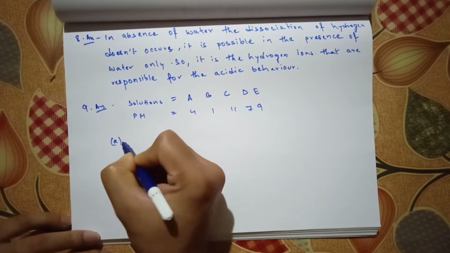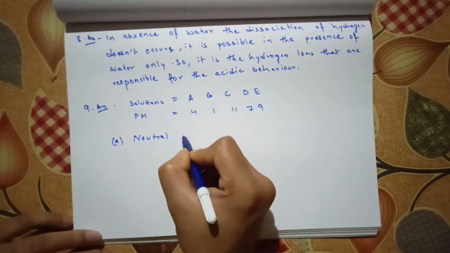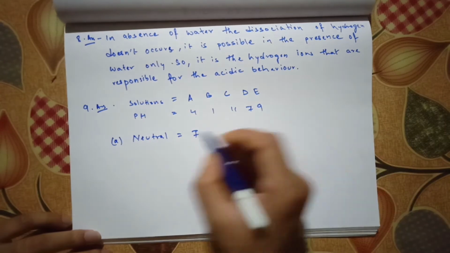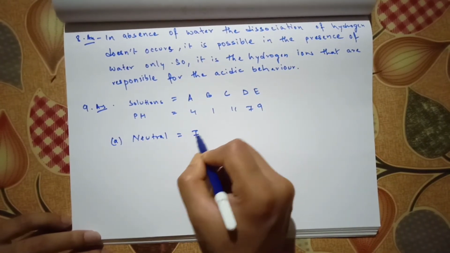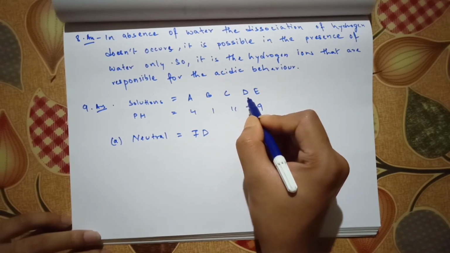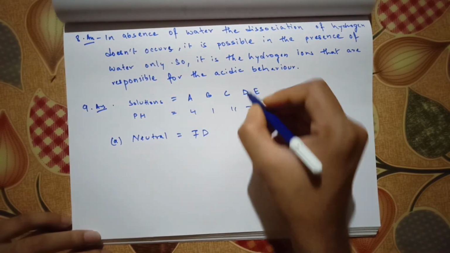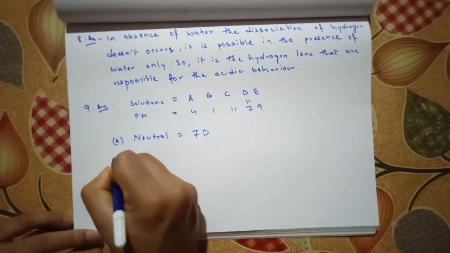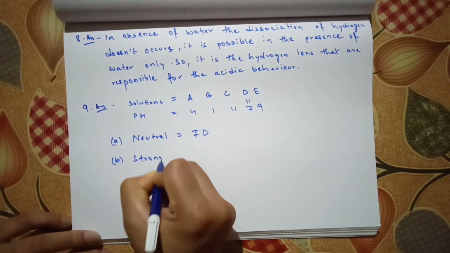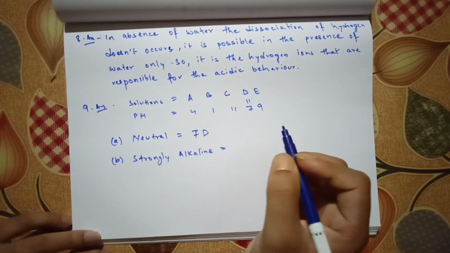Number A, which is given as neutral. Now neutral, as we know, pH 7 is neutral, so 7 goes for D. Now number B, which is strongly alkaline.